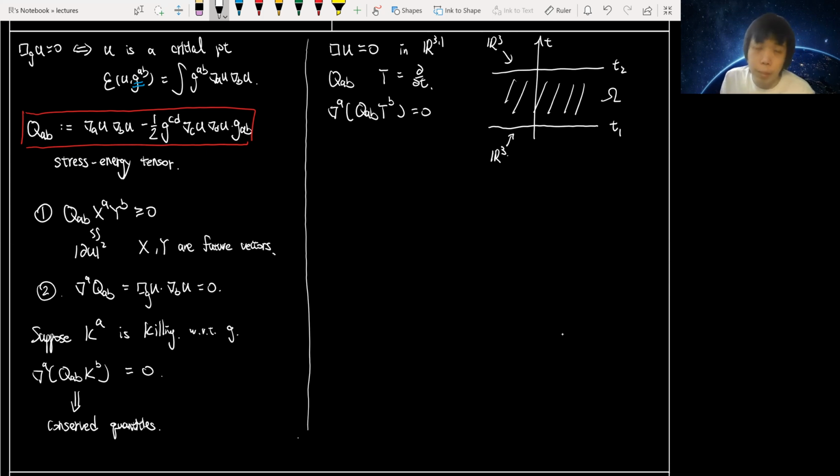Okay, so let's apply the divergence theorem. The bulk integrand, Q_AB T^B, of course, is 0. The integrand is 0, and the bulk equals the boundary term.